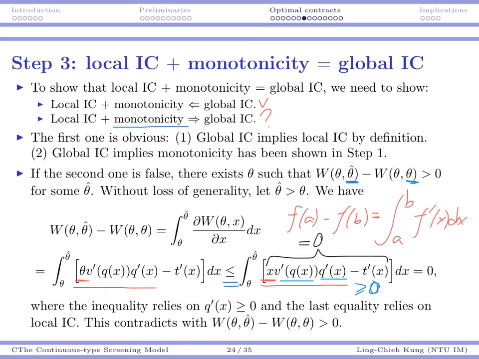And then that's a contradiction. You claimed that this is positive, but actually this must be non-positive. So you cannot find this, and local IC and the monotonicity are enough to imply global IC. Okay, so that's step 3. Now let's continue in the next video.